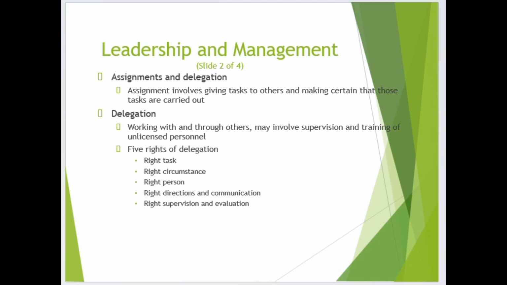The right directions and communication: make sure the person you're giving the task to knows what they're going to be doing for that task. So the right directions, the right communication, and the right supervision and evaluation.